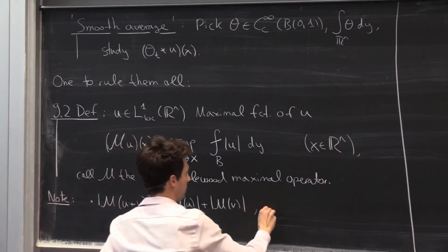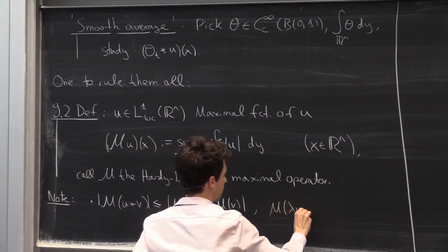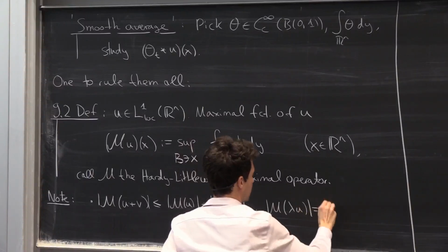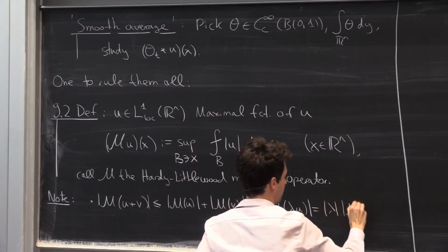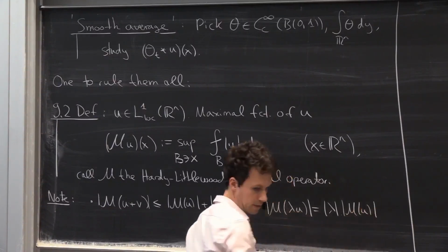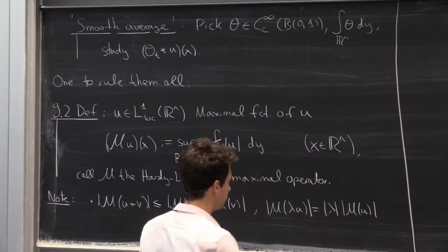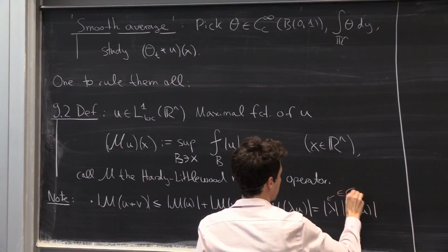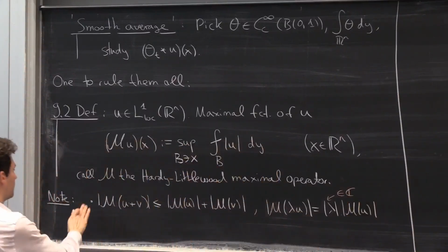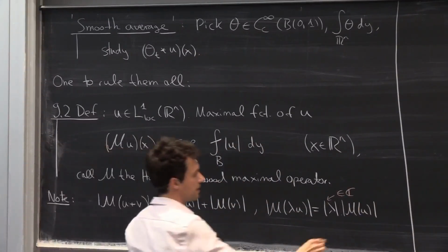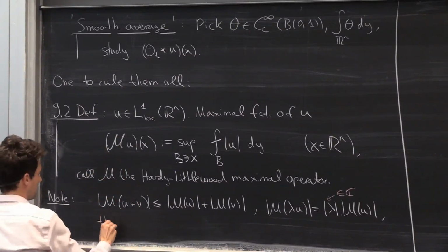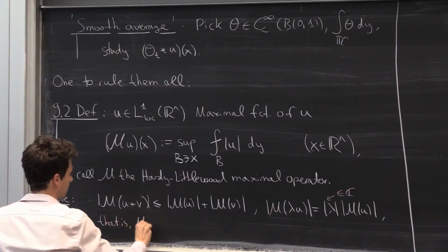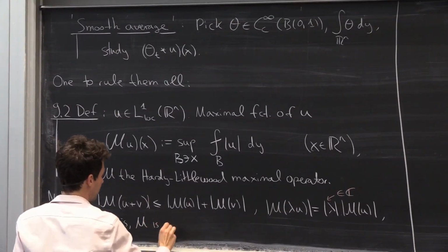And also if I throw in scalars into this maximal operator, then it's just going to give me the absolute value of lambda times the maximal operator of u. Okay, and this lambda here is just a scalar. And one says in this setting, if an operator M has these properties, you call this a sublinear operator. That is, M is sublinear.